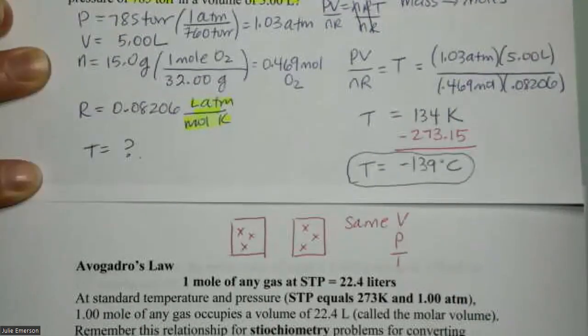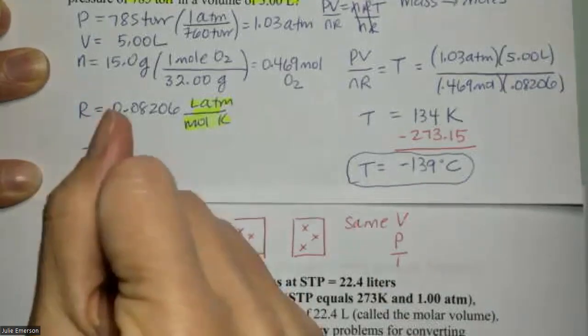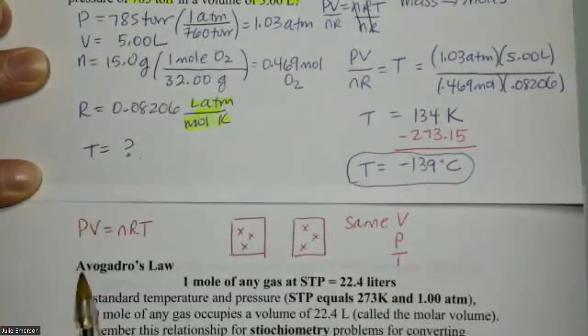That was Avogadro's theory. And that is what led to the discovery of this constant, the mole, and it led to the 6.022 times 10 to the 23rd. But really, he had nothing to do with that particular number. That came later.